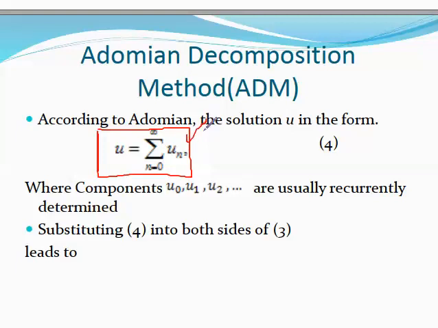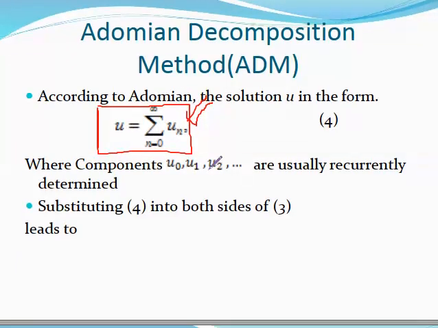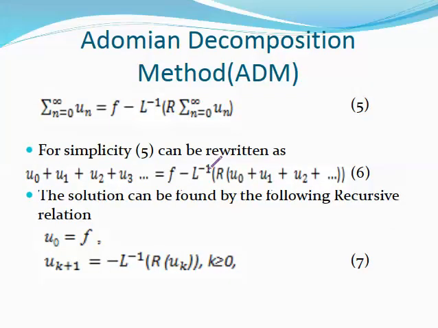This is called the series of the unknown function u. So we are just replacing u by this series form, and equation 3 in the previous slide reduces to exactly this form. So this is now the series form of equation number 3.